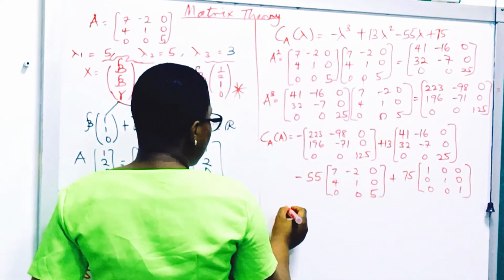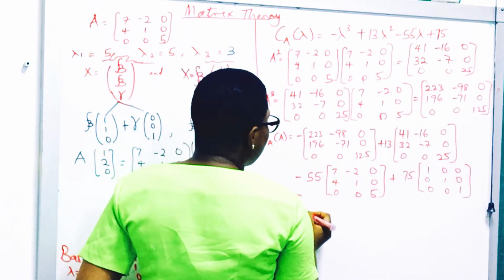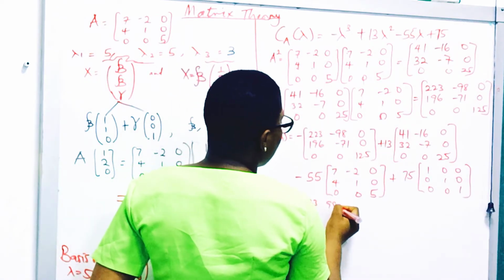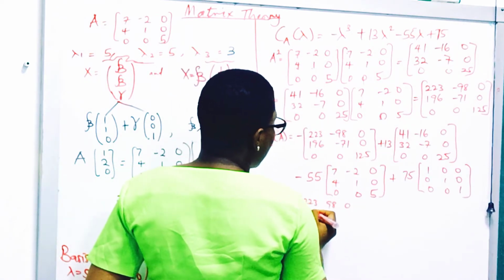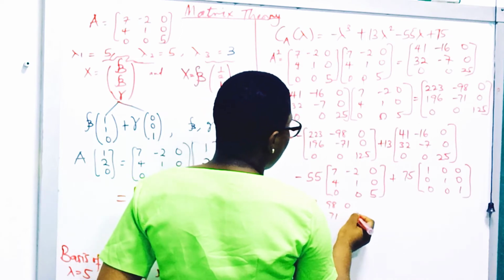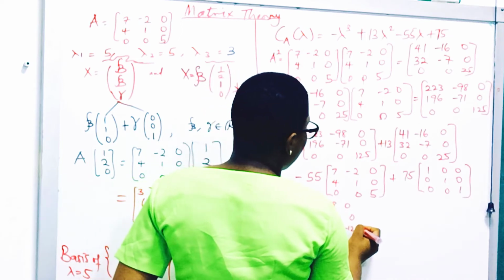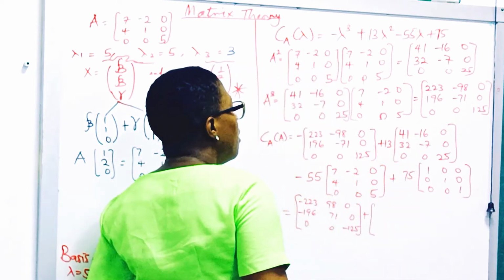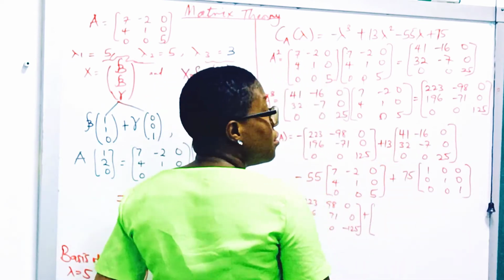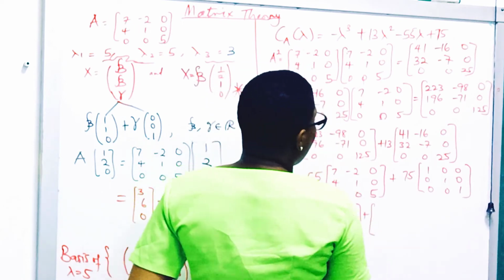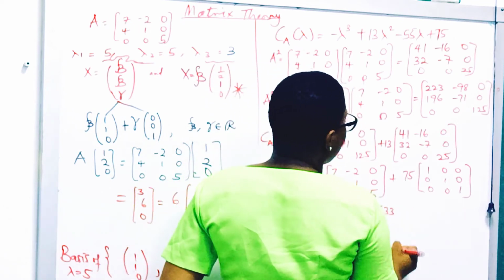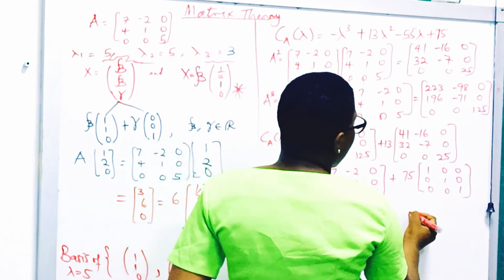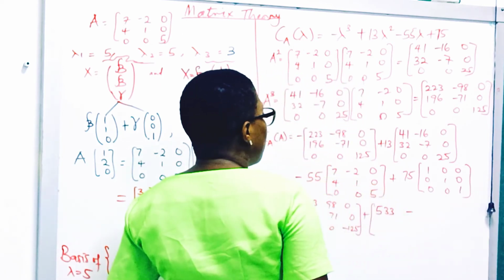So let's add. We have this is minus 2, 2, 3, 98, 0, minus 196, 71, 0, 0, 0, minus 1, 2, 5. Plus multiply this. Plus 1 times 10 plus 5, plus 533, minus 208.